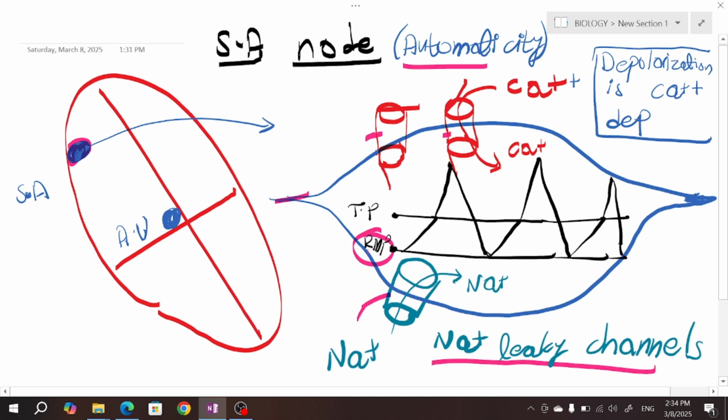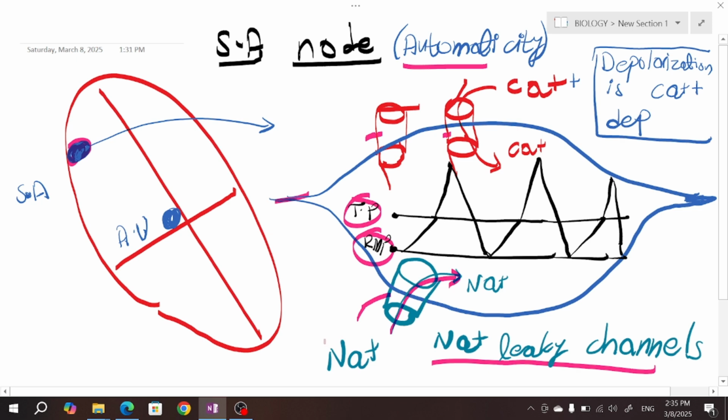Their resting membrane potential has a tendency to move towards the threshold potential, and we know that threshold potential is the potential where action potentials can be generated, where the voltage gated channels can be opened properly. Suppose these are the sodium leaky channels, and there is a continuous influx of sodium through them into the SA nodal cells.